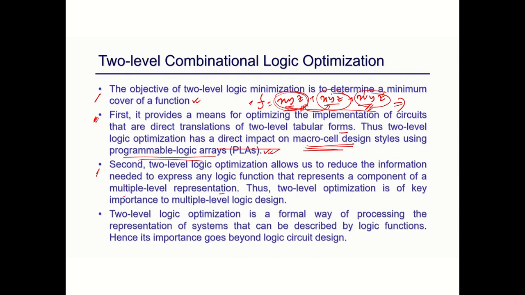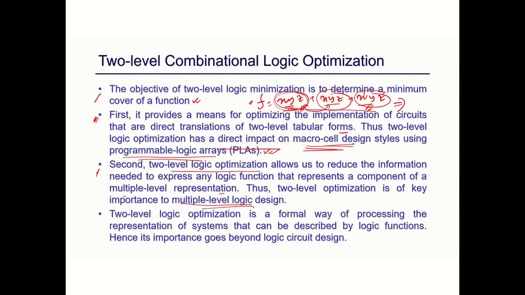I explained that in the last slide: if we are able to reduce the number of product terms or some parameters in the two-level optimization method, then the realizations, which are all done in multi-level logic design, benefit.